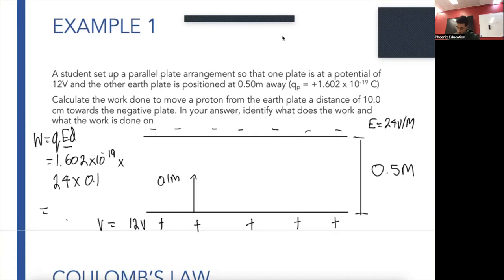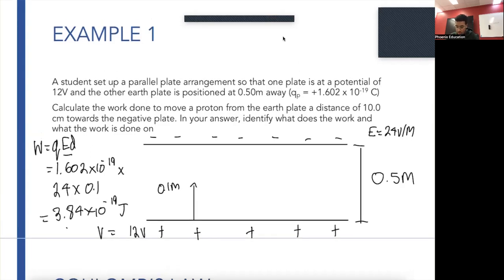And if you sub that all into your calculator, 1.602 times 10 to the power of negative 19 times 24 times 0.1 is 3.84 times 10 to the power of negative 19 joules. Okay, the units for work is joules. So the work done is 3.84 times 10 to the power of negative 19 joules.